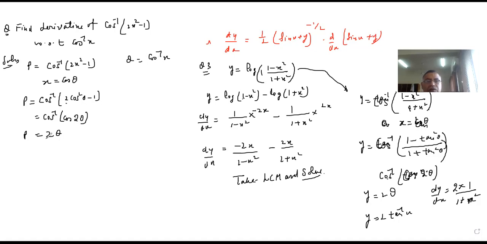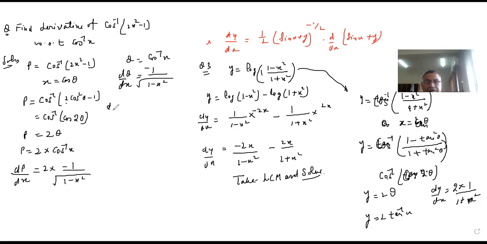So I have to divide P by Q. From here the answer is clear cut, the answer should be 2. So here the value of P is 2 theta, and theta is cos inverse x. So dP by dx and dQ by dx, I want to find dP by dQ.